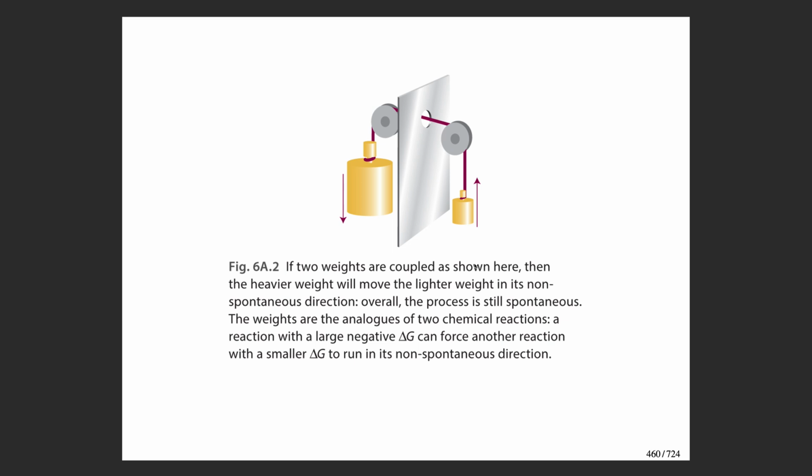Well, you can get that non-spontaneous process to occur provided you carry out another spontaneous process that has a larger magnitude of delta G. So you can cause this non-spontaneous process to occur, but you need to use another process that has an even larger magnitude of delta G to make it occur. So that's illustrating the interpretation of a positive delta G as being a minimum amount of work.